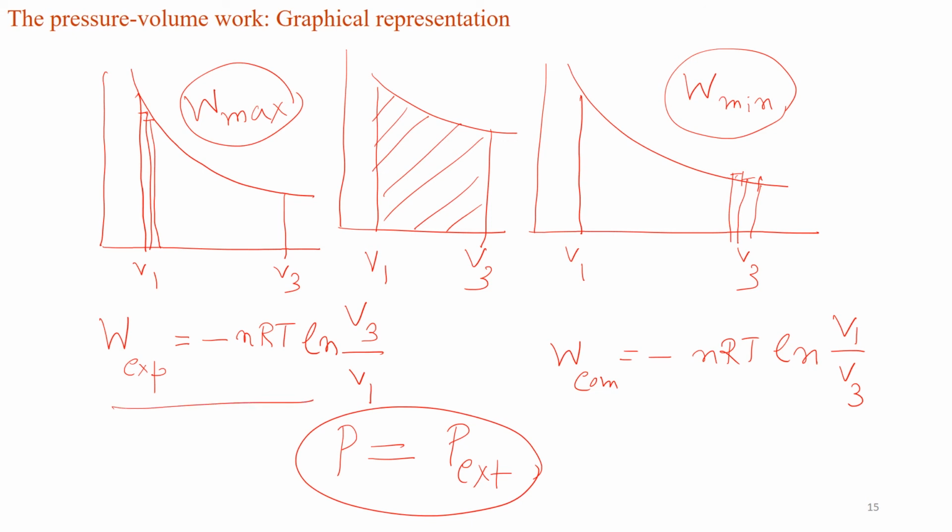So if you do a cyclic process like this, then the work done by the system exactly cancels out the work done on the system. So the system comes back to its initial state, the surrounding also comes back to its initial state.